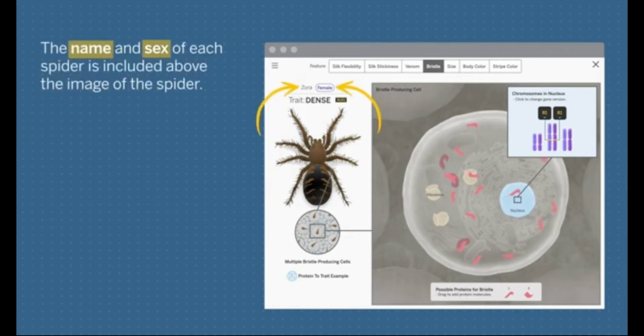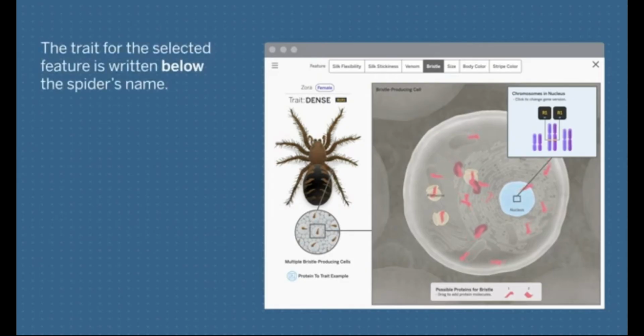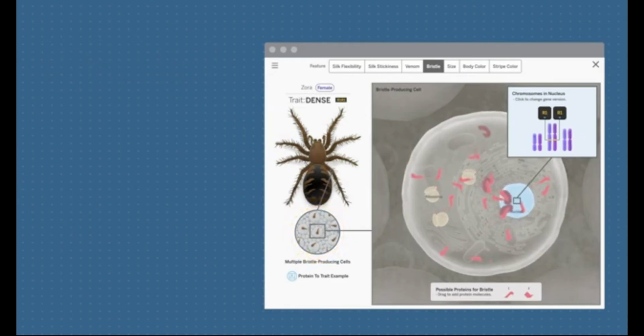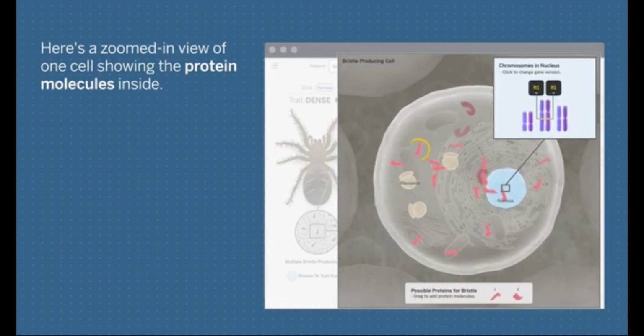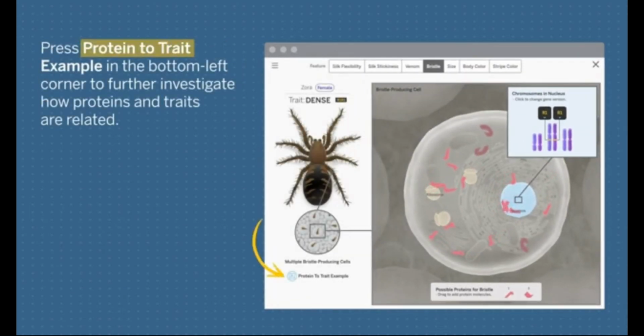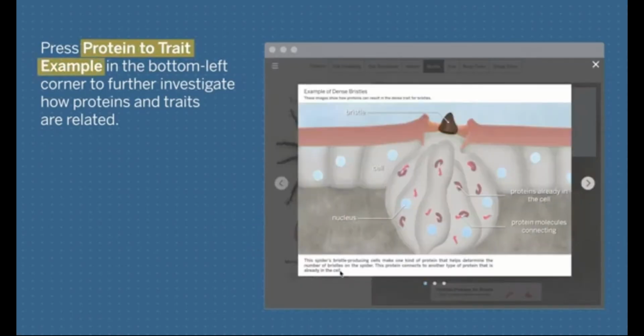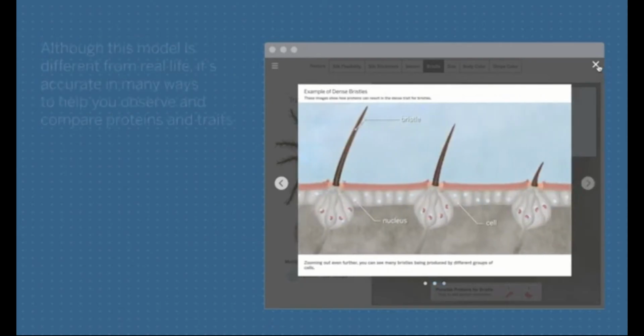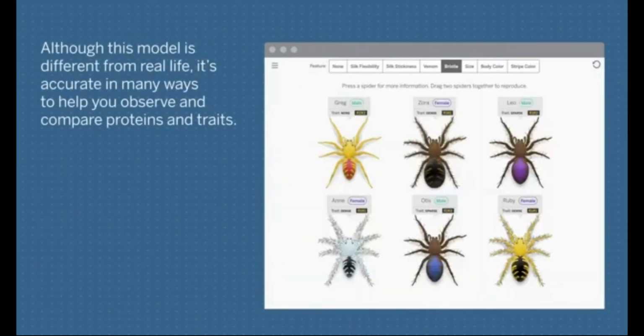The name and sex of each spider is included above the image of the spider. The trait for the selected feature is written below the spider's name. Under the spider, you'll see a group of cells. Here's a zoomed-in view of one of the cells showing the protein molecules inside. Press Protein to Trait Example in the bottom left corner to further investigate how proteins and traits are related. Although this model is different from real life, it's accurate in many ways to help you observe and compare proteins and traits.